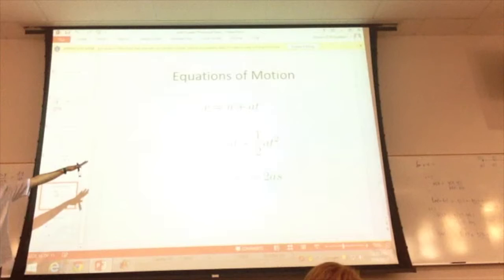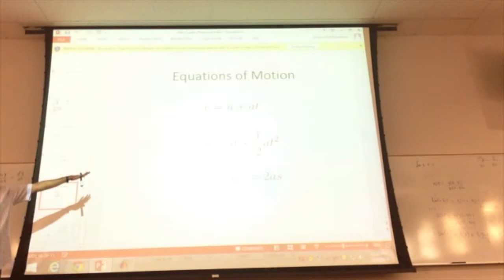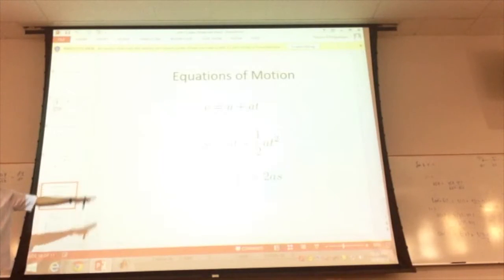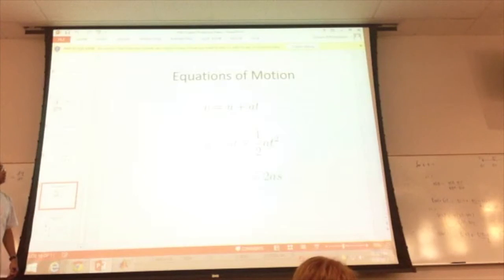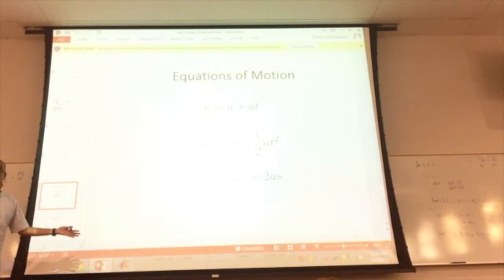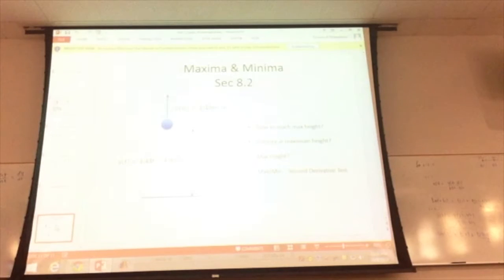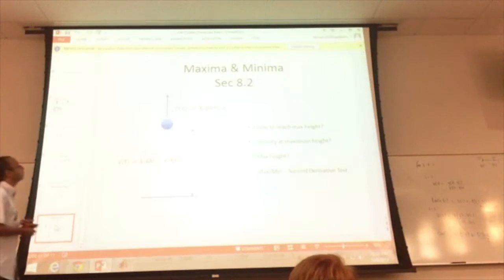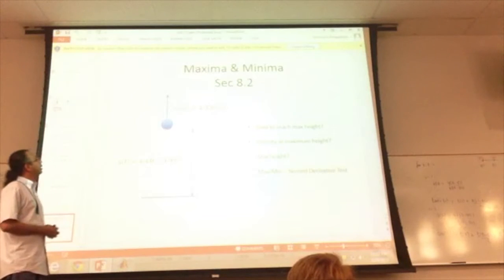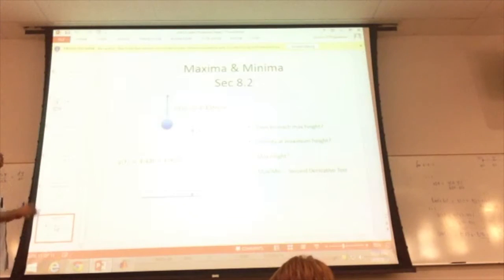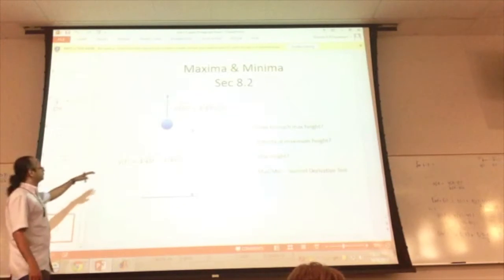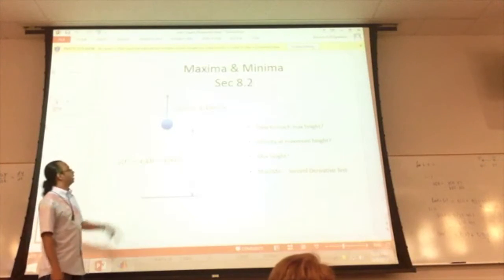You should be familiar with this from your high school science classes. If you're not, I would recommend looking online for equations of motion. And hopefully you can memorize these three because they are very fundamental to a course called dynamics that you will take as a sophomore.